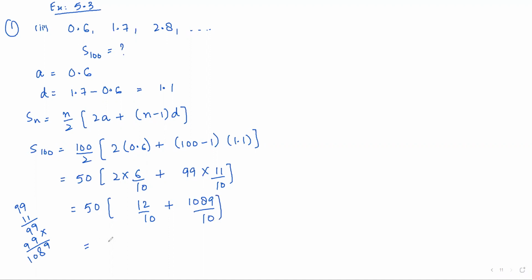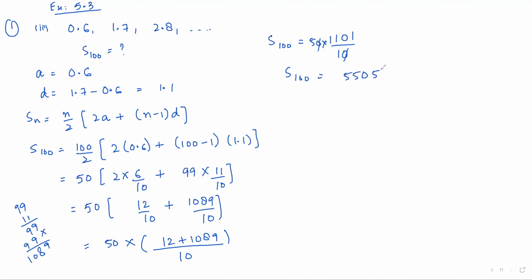So you take the LCM, 10 is the LCM, and that becomes 12 plus 1089. So your S100 is equal to 1101 divided by 10, right? And then 50 times that. This 10 goes, now multiply by 5. So S100 is 5505.